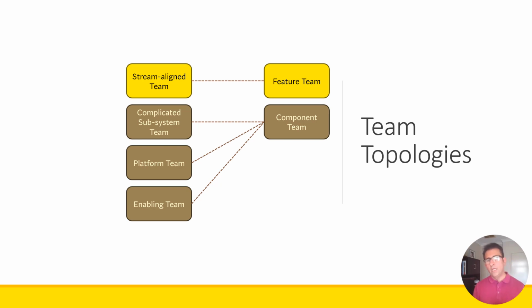Now we'll dive deeper into what each of these teams are with real examples. But before we go there, the new terminology is from a book called Team Topologies from Skelton and Pais, which is, as I said, what the Scaled Agile SAFe 6.0 refers to when discussing team topology.